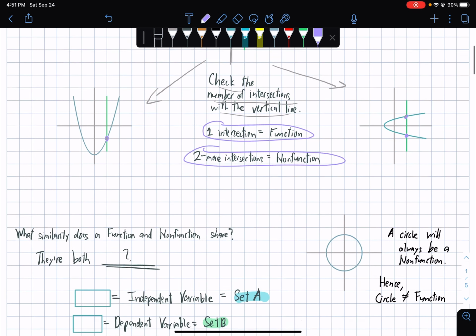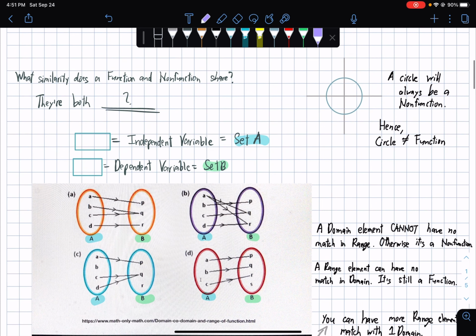So, what similarity do a function and a non-function share? Basically, they're both relations.